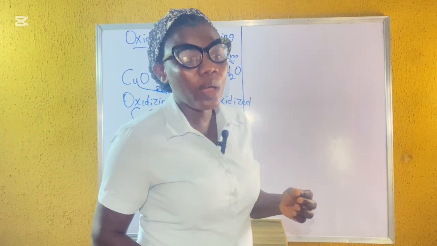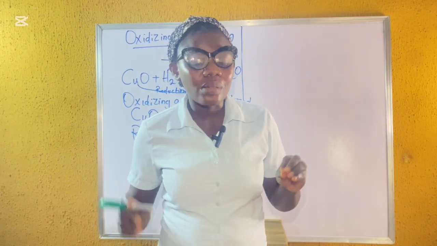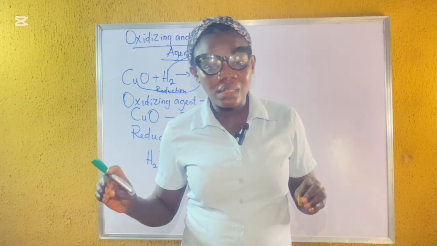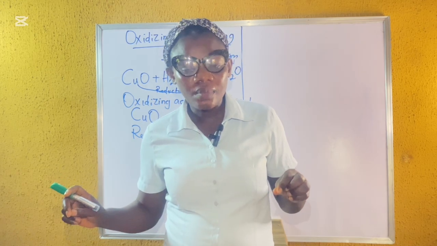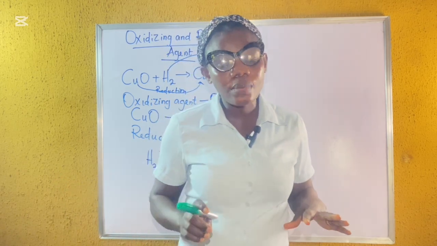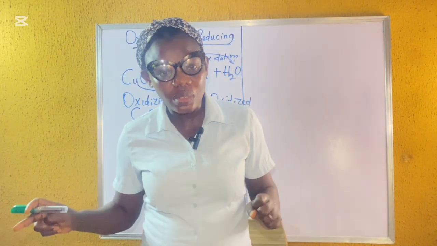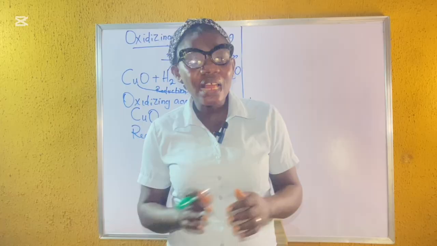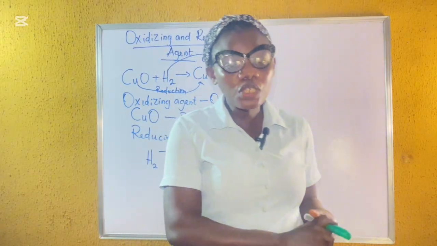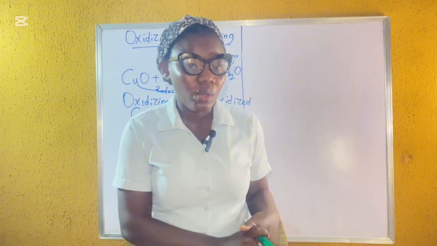So a recap: an oxidizing agent is an agent that causes another substance to be oxidized, and itself is reduced. A reducing agent is a substance that causes another substance to be reduced, and itself is oxidized. So that's the definition for reducing agent and oxidizing agent. I hope you got that.